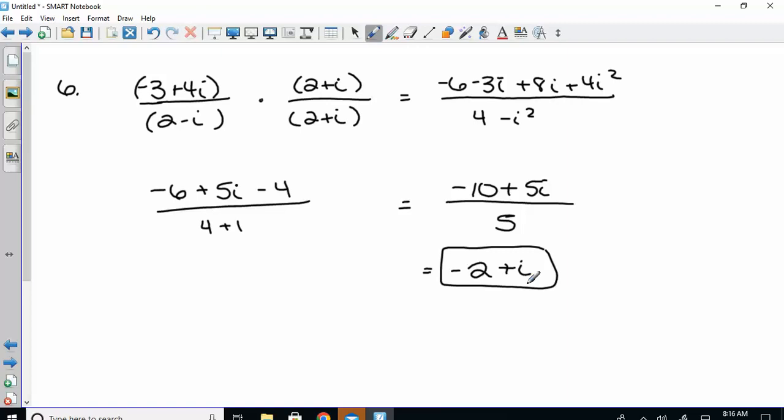I think I did 13 right. Pretty sure that's what happened. Is 13 negative 1 plus or minus 2 square root of 5?